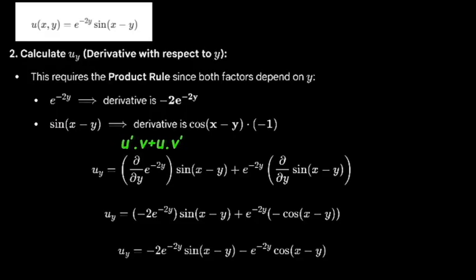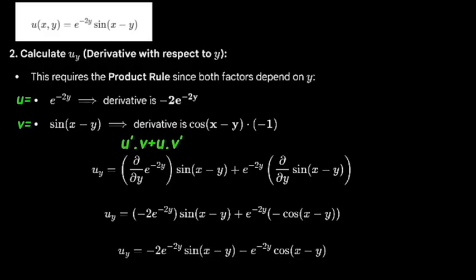So in our case, let us make u become e to the negative 2y and v become sin(x minus y). What is the derivative of u? If you recall the chain rule in calculus, the derivative of an exponential is the exponential itself, multiplied by the derivative of its power. I hope you recall that.